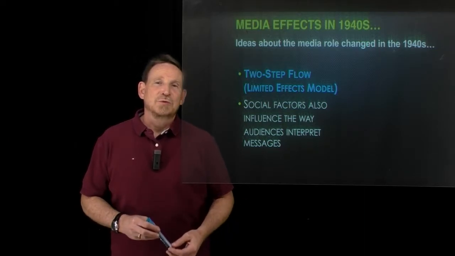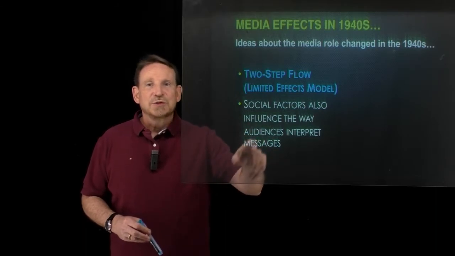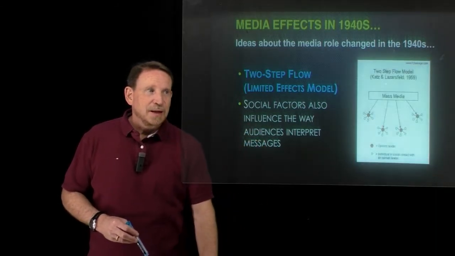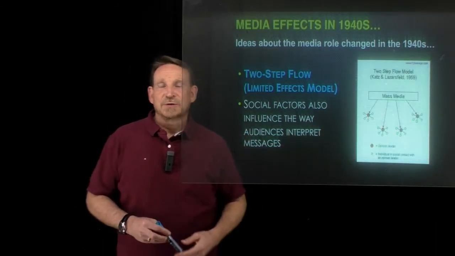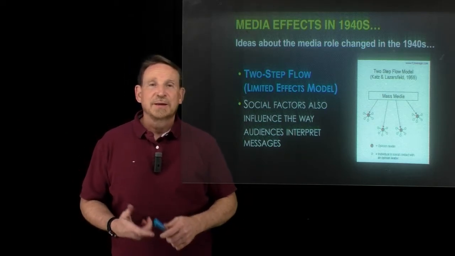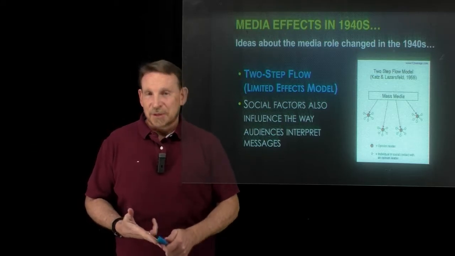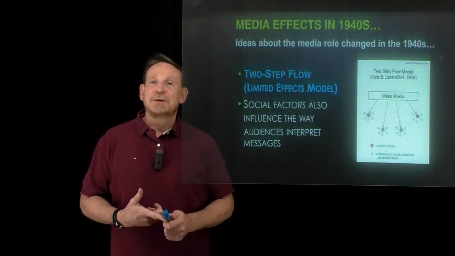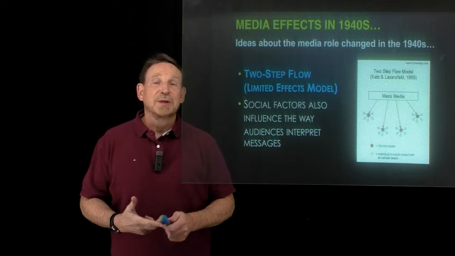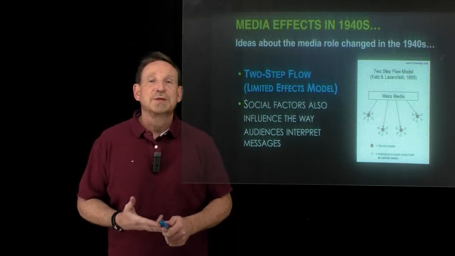Well, what are some of the social factors? Well, the research that was out there focused on the idea that there are opinion leaders in our society. People like politicians, certainly, mayors in a community, commissioners in a community, but not necessarily politicians. Could be people like a business leader or a religious leader.